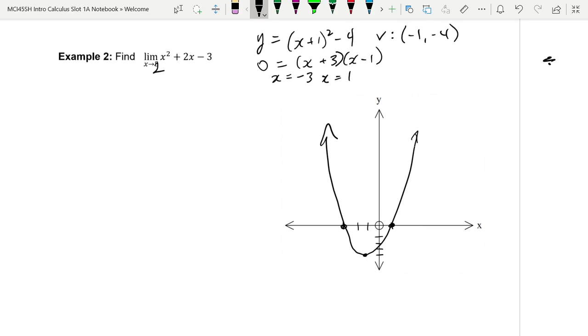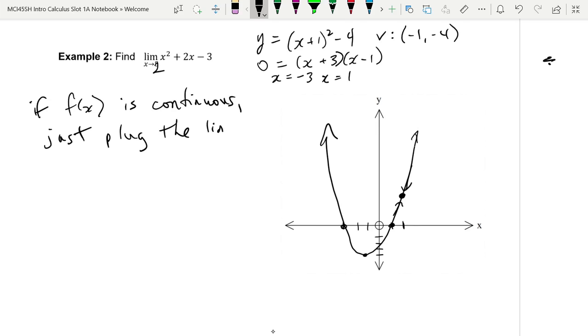Okay, so the limit as x approaches 2. So here's 2, and I want this point right here. Now, are there any holes in this one? No. This is a continuous function. If f of x is continuous, just plug the limit value in. In the last example, we couldn't just plug in -3, we would have ended up dividing by 0. But in this case, I don't have that problem.